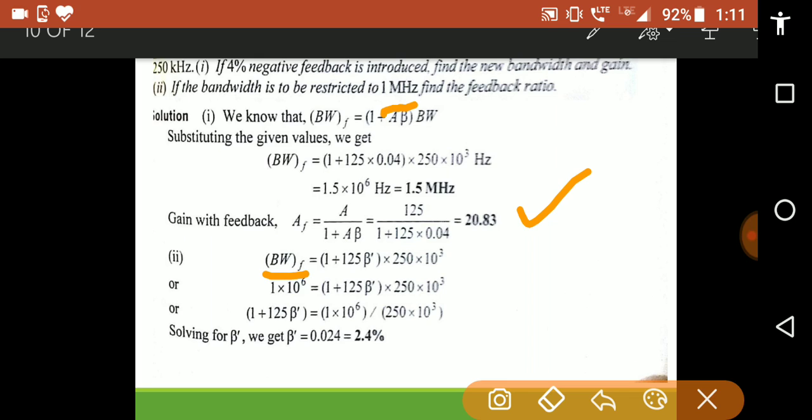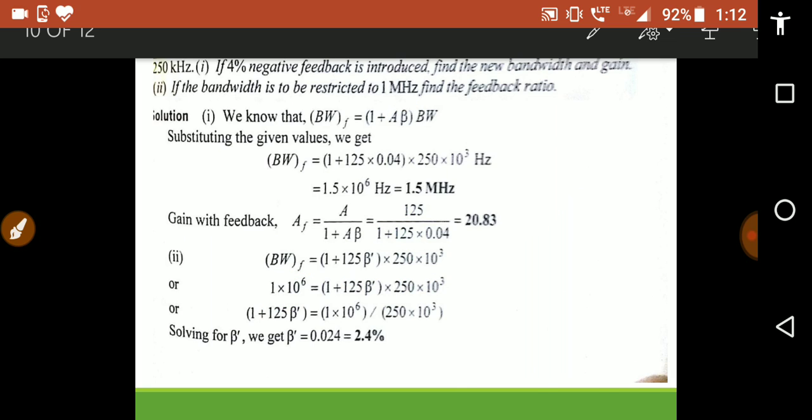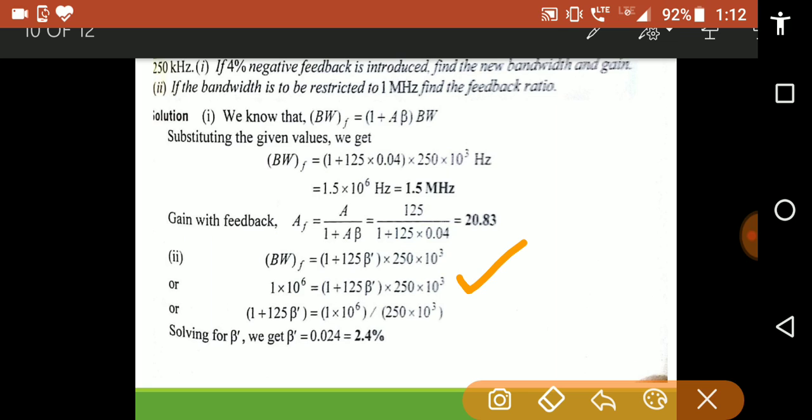Here bandwidth is 250 kilohertz, open loop gain is 125, and we have to find beta dash. So bandwidth with feedback restricted to 1 megahertz, meaning 1 into 10 to the power 6, equals (1 plus 125 into beta dash) into 250 into 10 to the power 3.